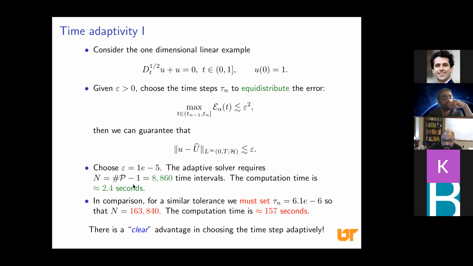In comparison, if I was going to do a uniform time step, to reach a similar tolerance the size of the time step needs to be 6 times 10 to the negative 6, so that I need 160-something thousand time steps, and that gets done in about 160 seconds. So there's quite a stark difference, even in this very simple linear example. There's quite a bit to be gained by using adaptivity.